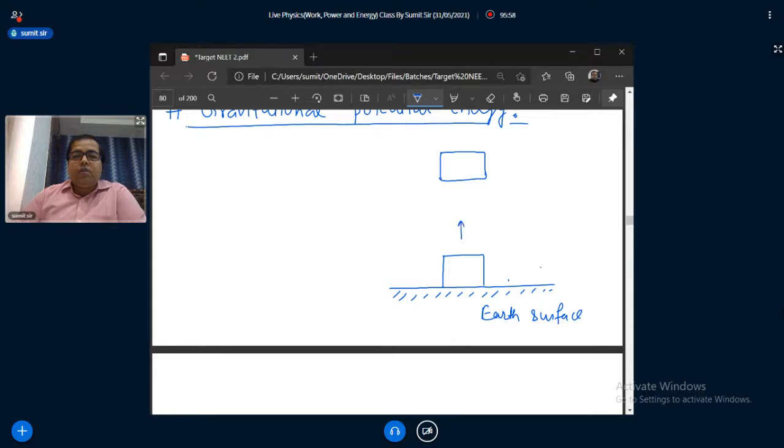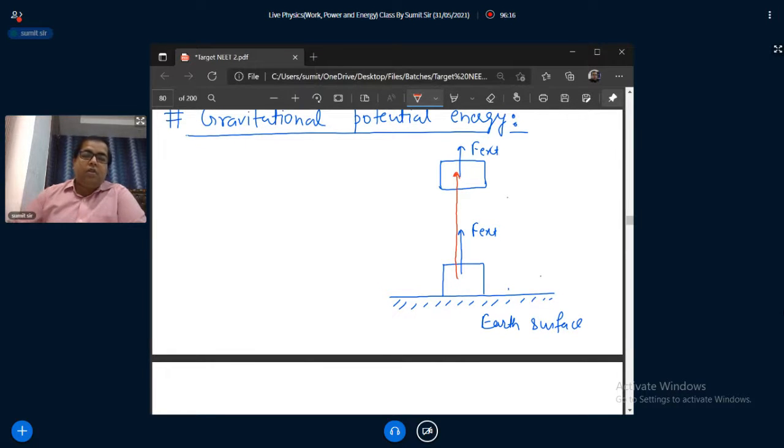Using an external force, we take this block from the ground to some height h. There's a force mg acting downward. So what is the work done by mg?